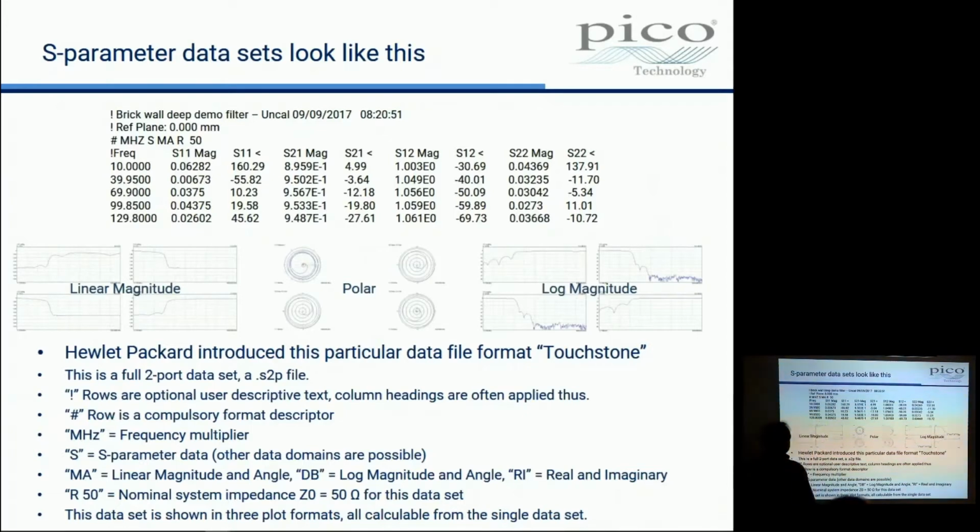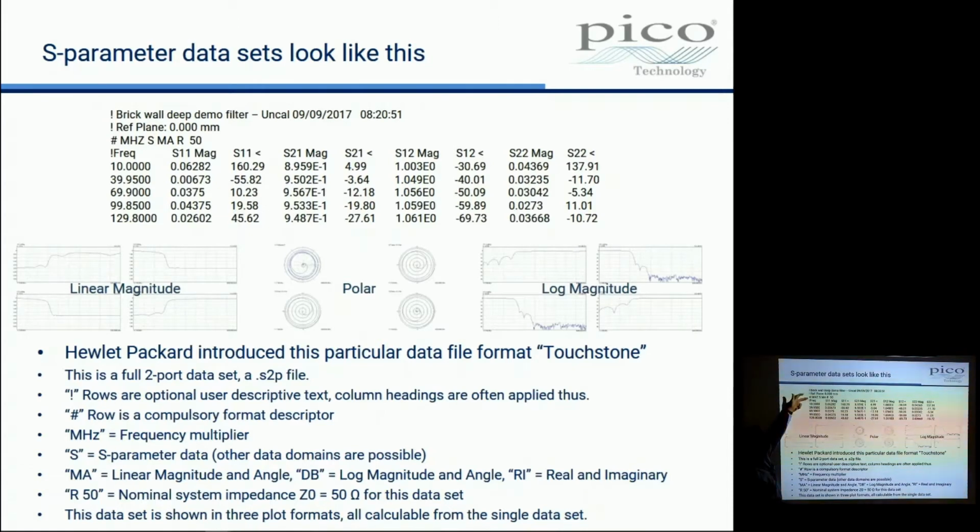Right, so an S parameter data set looks like this, or in one form, just one form. There's generally some header information. The plings are like REM statements, if you like. The plings are user comments, so the user can use these fields to do as they wish. This is a compulsory and defining header line for a touchstone file. We'll come to the meaning of all that in a minute.